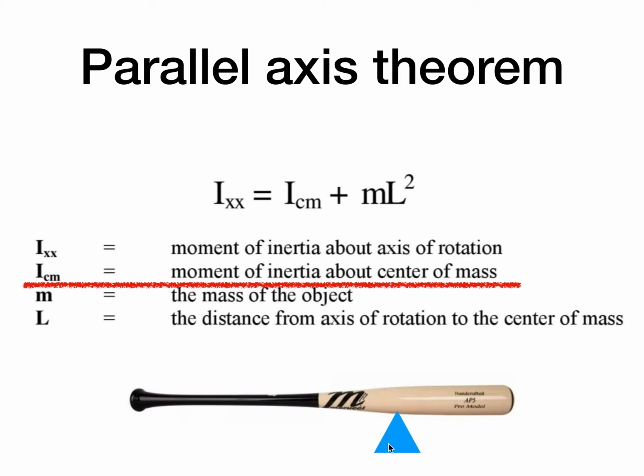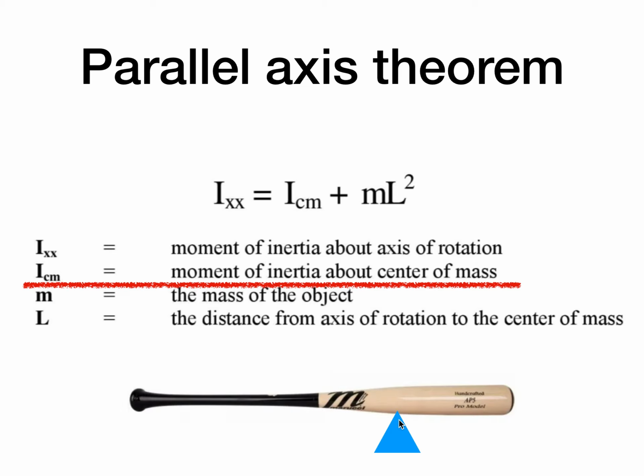So the axis of rotation can change. You can shift it anywhere you want to. And ICM is the moment of inertia about the center of mass. So that means ICM is the moment of inertia when we put the axis of rotation at the center of mass. Right, so that's a consistent value for each object, because that's the moment of inertia when the axis of rotation is fixed at the center of mass.